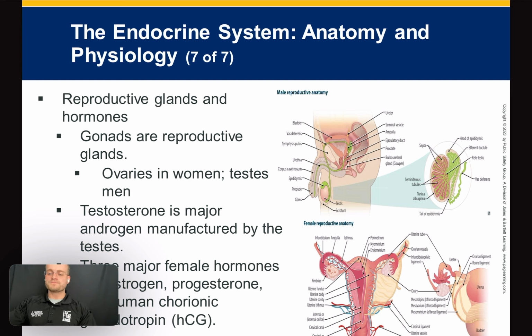So moving forward. The reproductive system, very complex. This has its own chapter, so we'll just lay some general foundation now. The male reproductive system: in males, the reproductive glands, or the gonads, are the testicles. Men have two testicles, which sit within the scrotum. And within females, it's the ovaries.